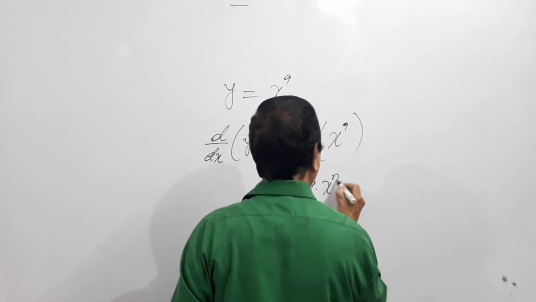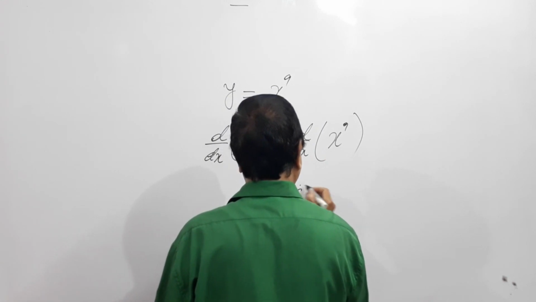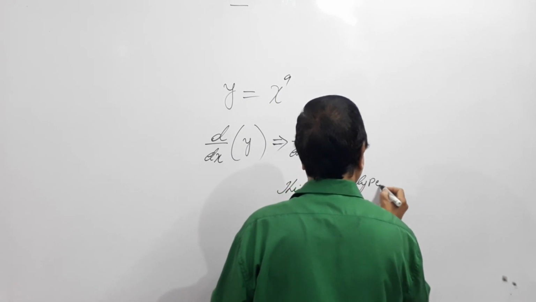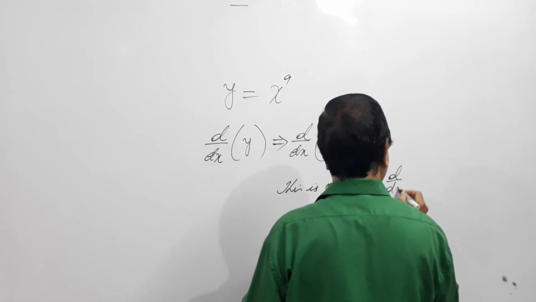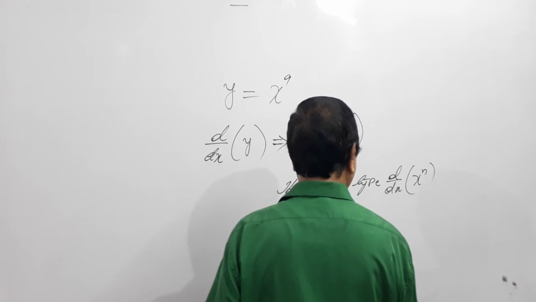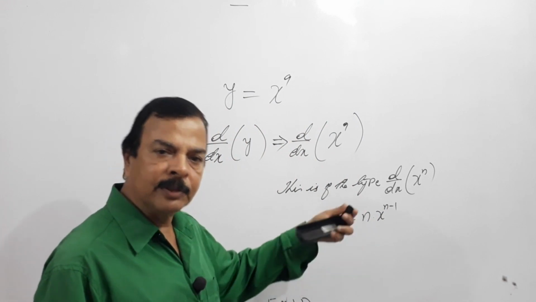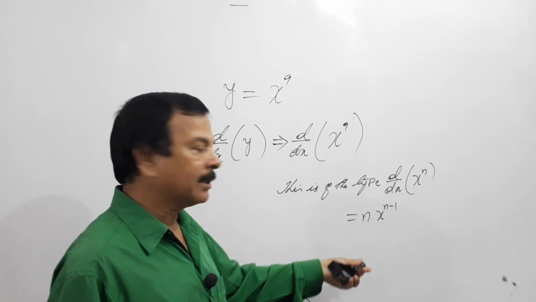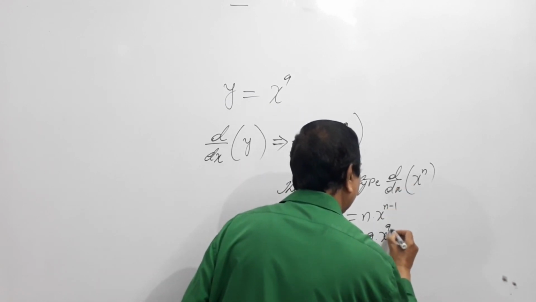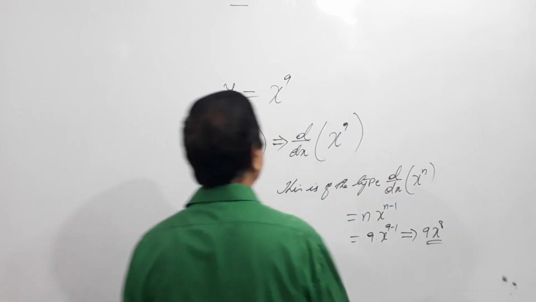This is of the type d by dx of x to the power of n. We all know the solution is n into x to the power of n minus 1. I am doing this only for the benefit of some students who just got into my class. Here n is 9, so it becomes 9 into x to the power of 9 minus 1, that becomes 9x to the power of 8. So this is our answer.